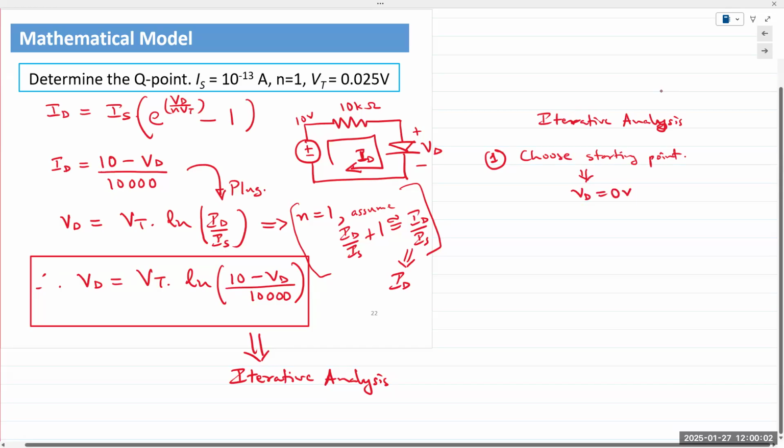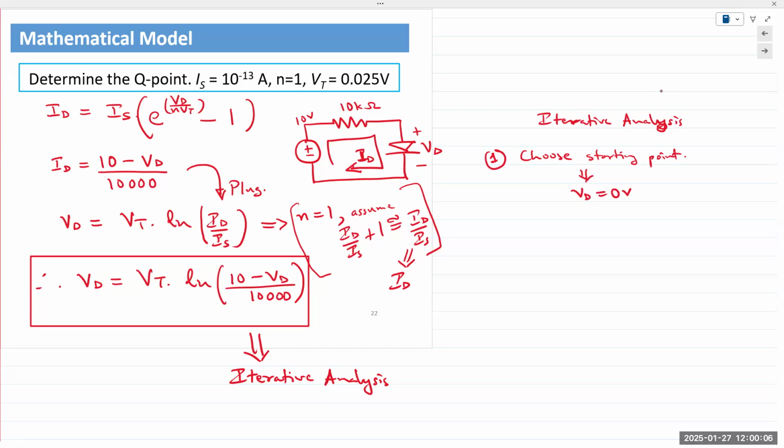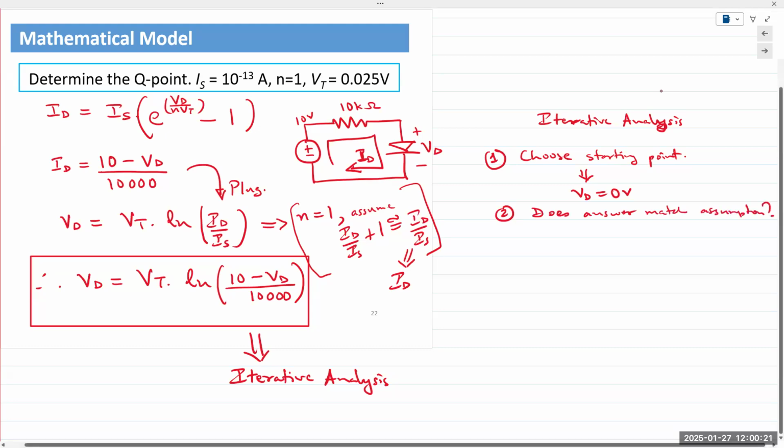Even though I know typically VD would be close to 0.6 volts, I'm going to start with 0 volts. Then you check your answer. Does the answer match up with the assumption? If not, you plug in the answer as your starting point.